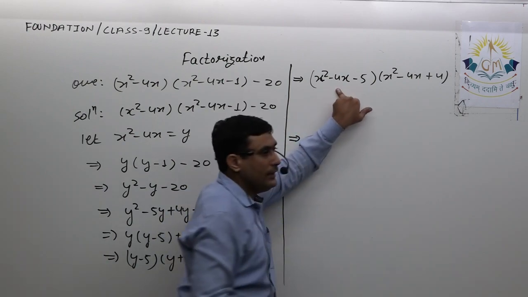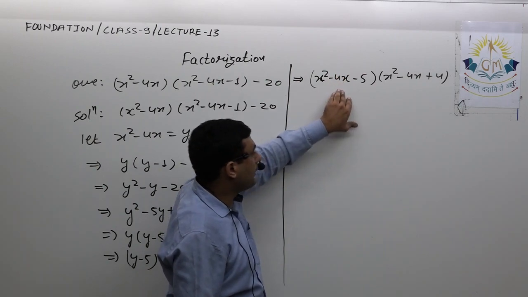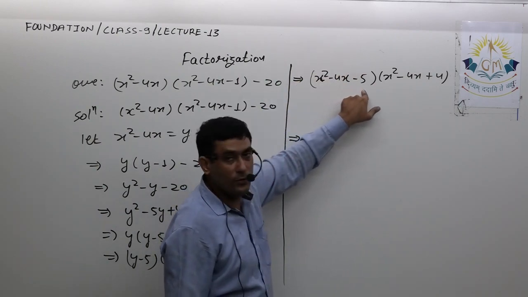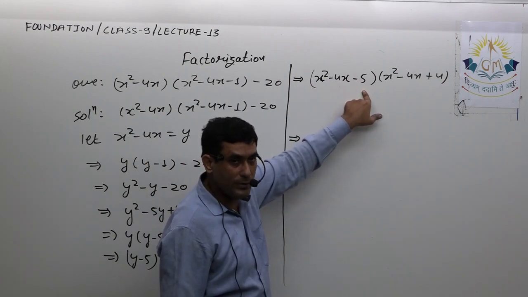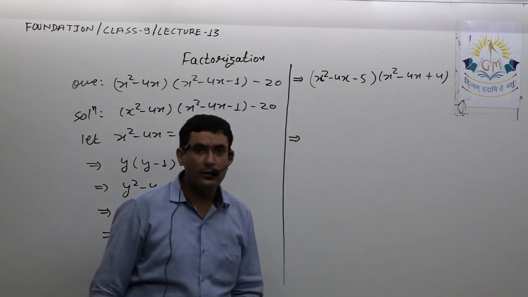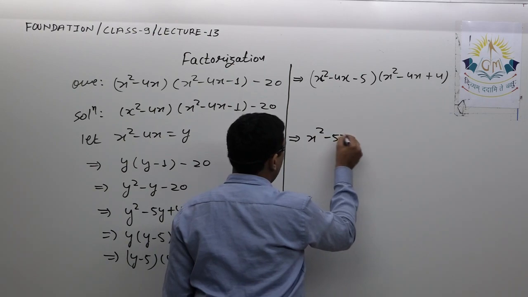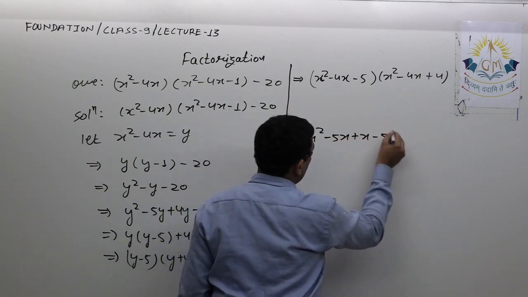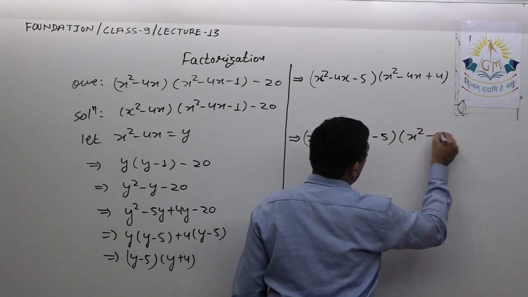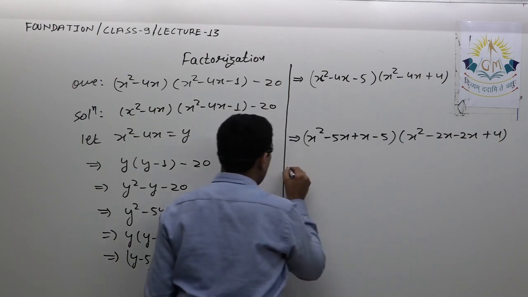So generally to split the middle term or to factorize the quadratic expression, we go with the method splitting the middle term, and for that we do find the factors of the constant term. So here factors of 5, there are only two factors, 5 and 1. So here I can write x square minus 5x plus x minus 5, and over here I can write x square minus 2x minus 2x plus 4.